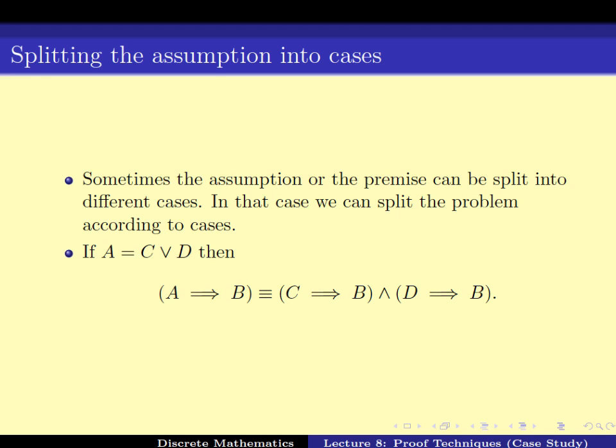For example, again, if we have to prove A implies B, and A is C or D, then A implies B is the same as saying C implies B and D implies B. Please prove it for yourself that this statement is indeed correct. Use the propositional logic technique that we have done to check that this is indeed correct.